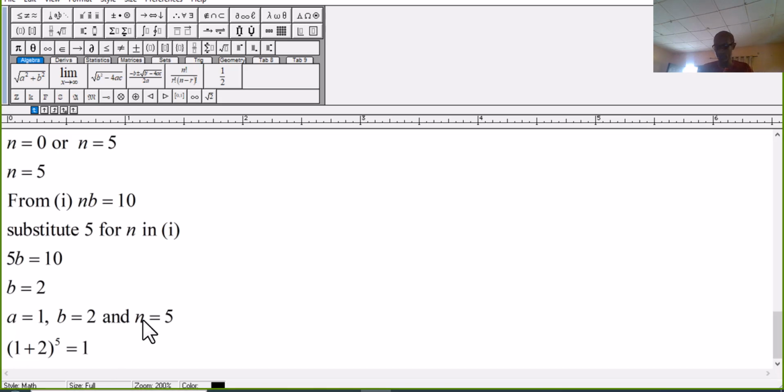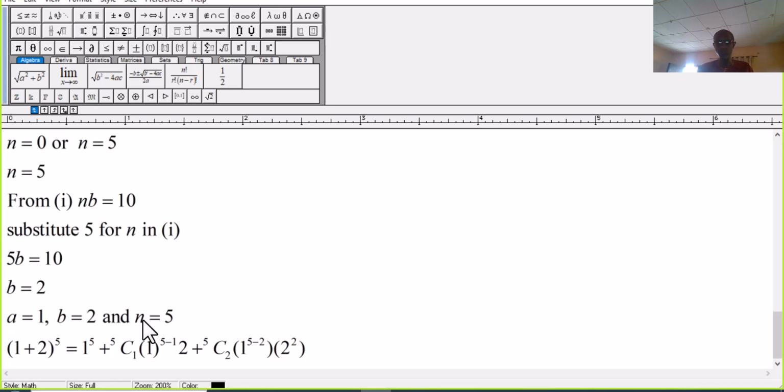Let's try it. 1 raised to power 5, and the next one is 5 combination 1 into 1 to the power 5 minus 1, then 2, plus 5 combination 2, 1 to the power 5 minus 2, then 2 raised to the power of 2.